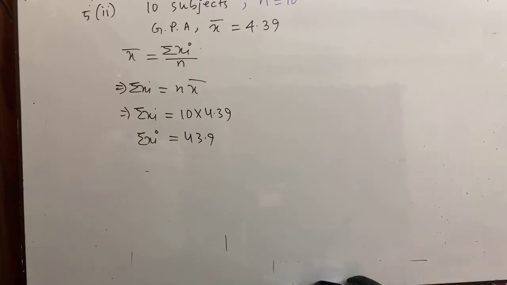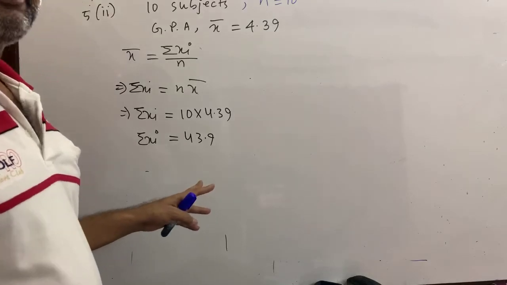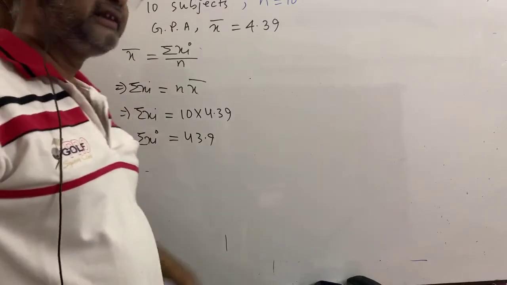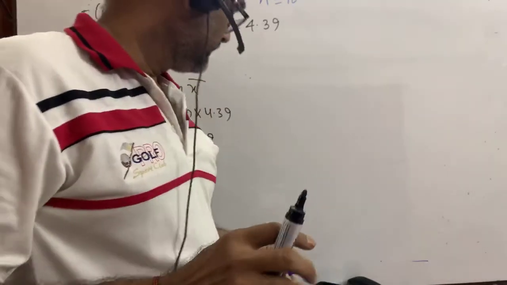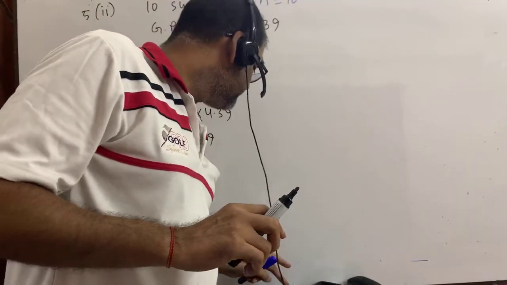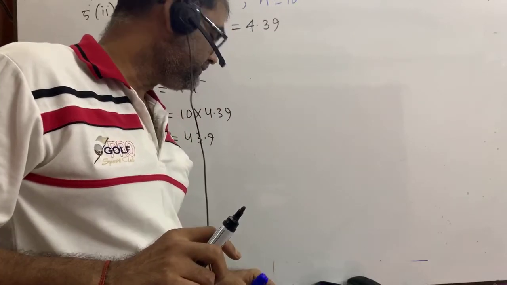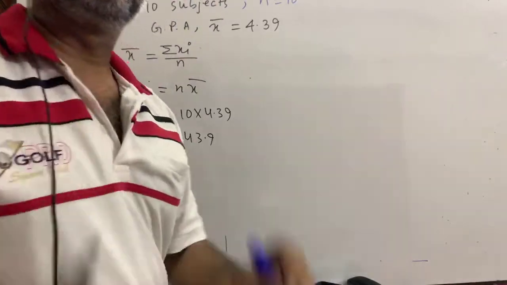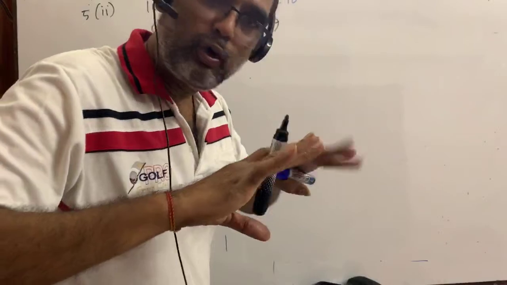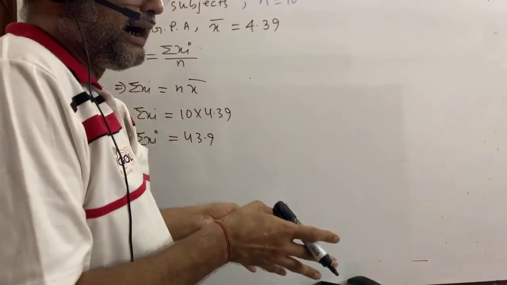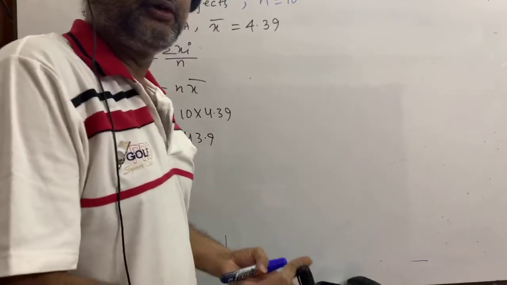Pay attention. What is the total score? 43.9. Okay, is it? But the person who calculated this made a mistake when he copied, when he input the data, when he compiled the results.